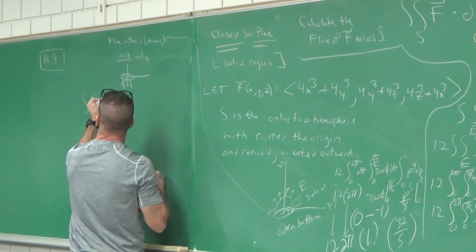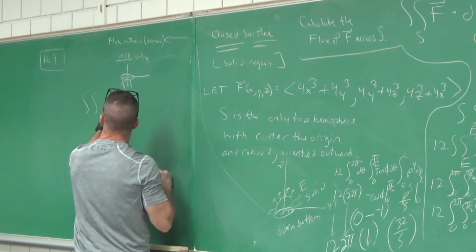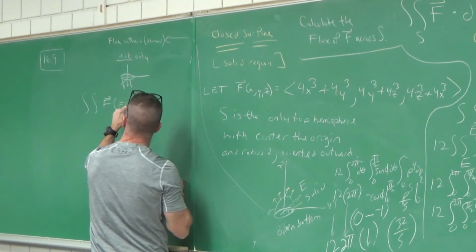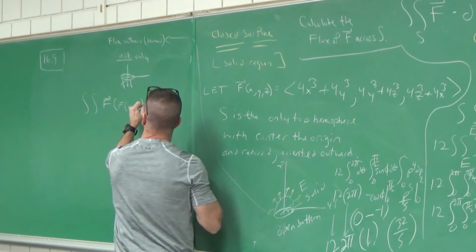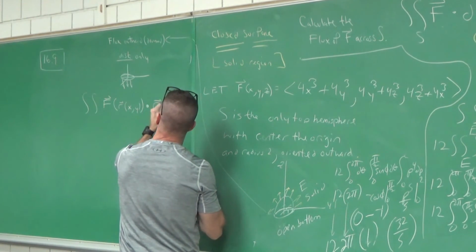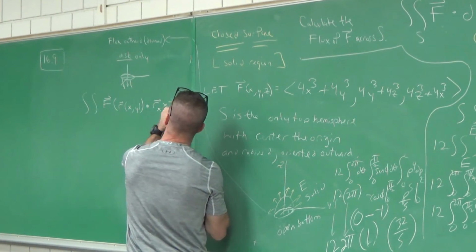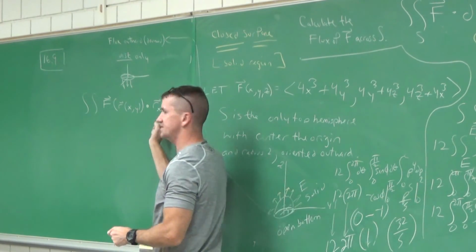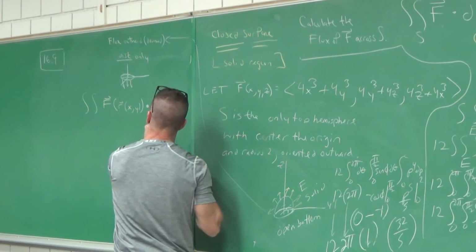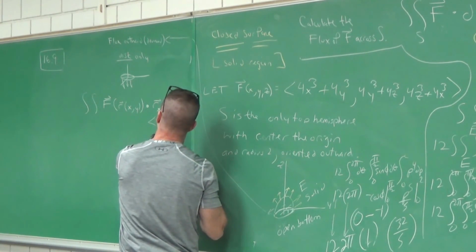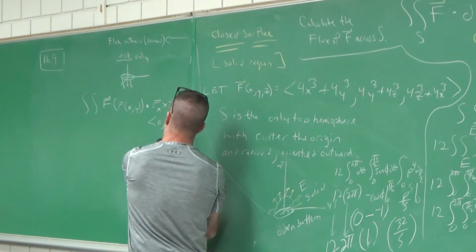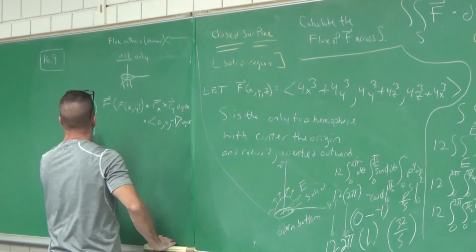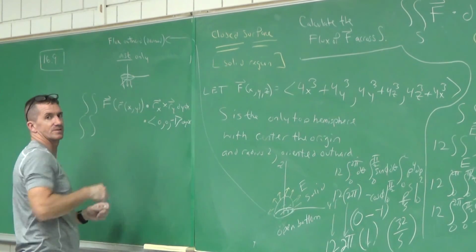So I'm just going to have to do F dot r_x cross r_y dy dx. But you all just told me what this is: 0, 0, negative 1. Dot product. What's F composed with that surface?